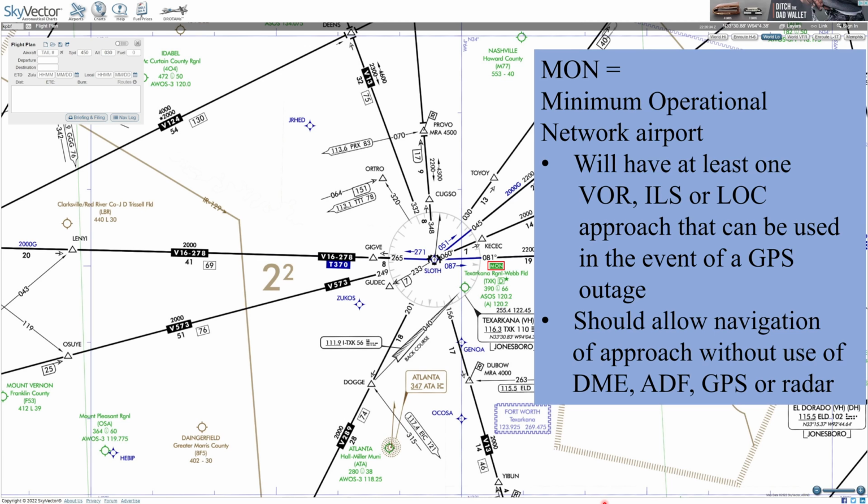And it means that it should allow for navigation on an instrument approach procedure without the use of DME, ADF, GPS, or radar. So if the GPS system goes down and radar is not available at this airport, it should allow you to shoot an approach as long as you have at least one VOR receiver with a glide slope. You should be able to shoot an approach and get in in instrument conditions at this field.